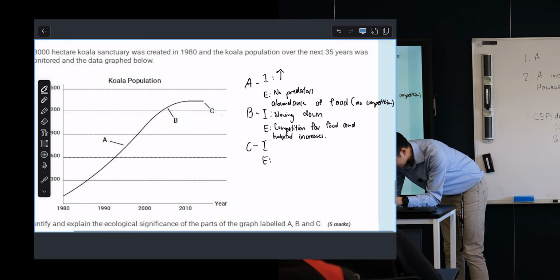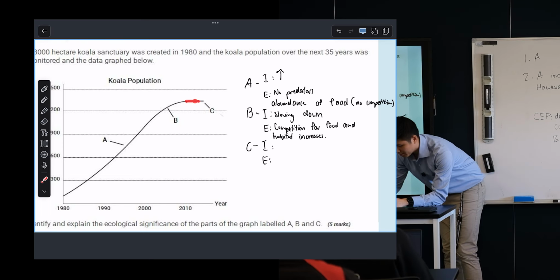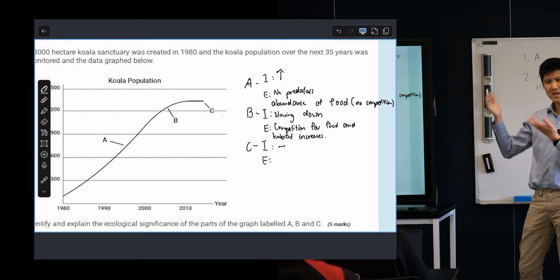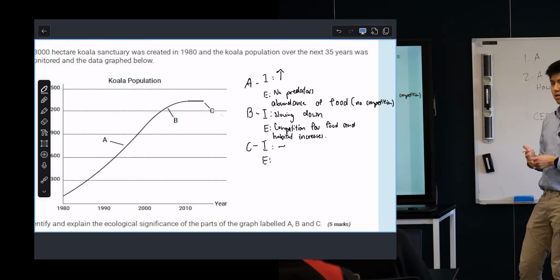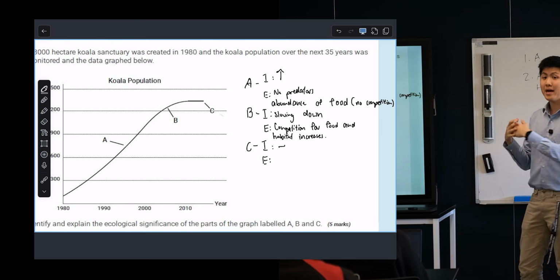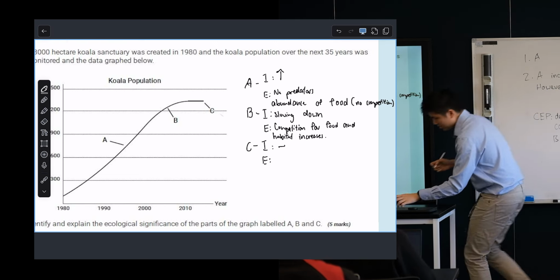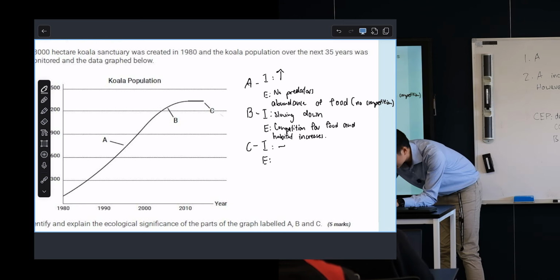Now, what's happening in my last trend here? It plateaus, right? I'm just going to write plateaus. And why would it plateau? What does that mean? Yeah, right. It's reached its maximum capacity and it's now stable, right? Let's write that down.